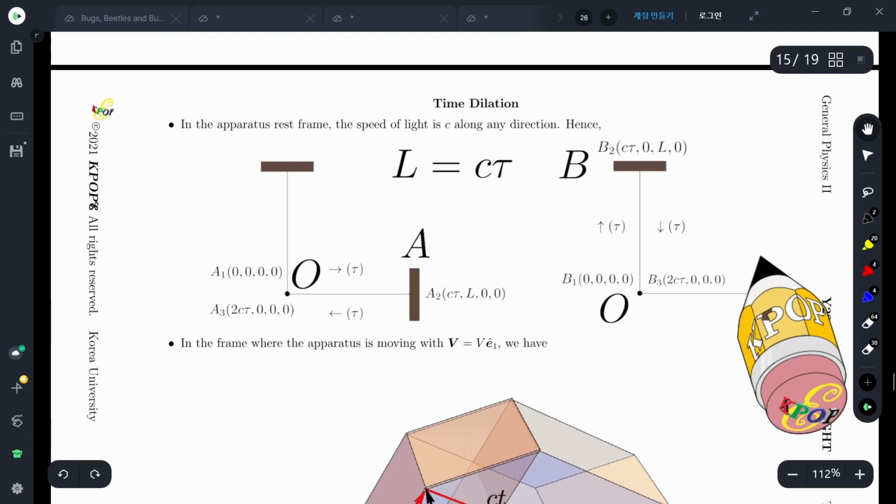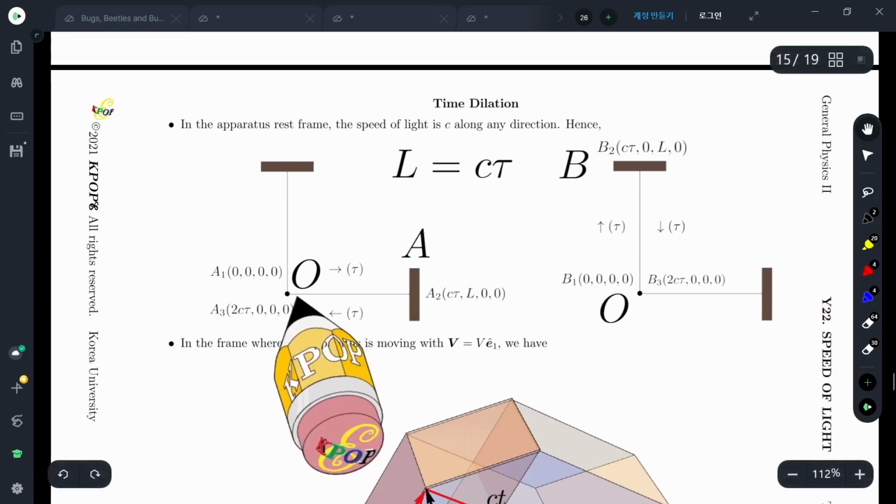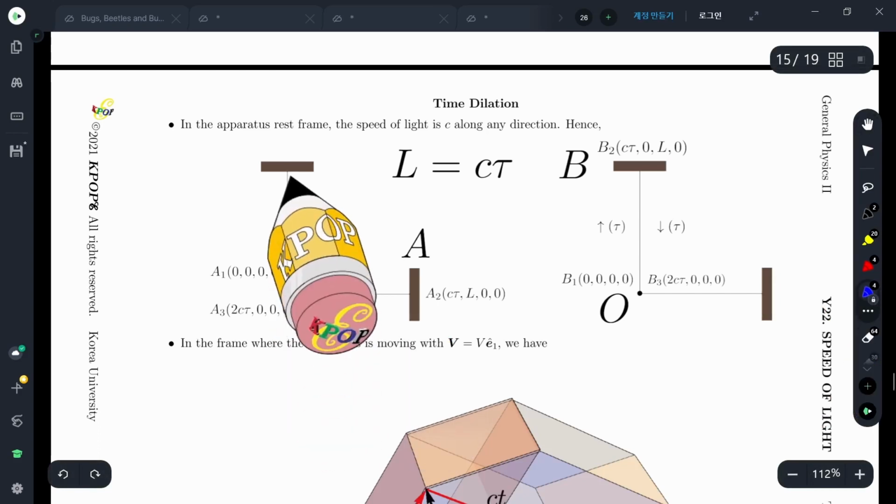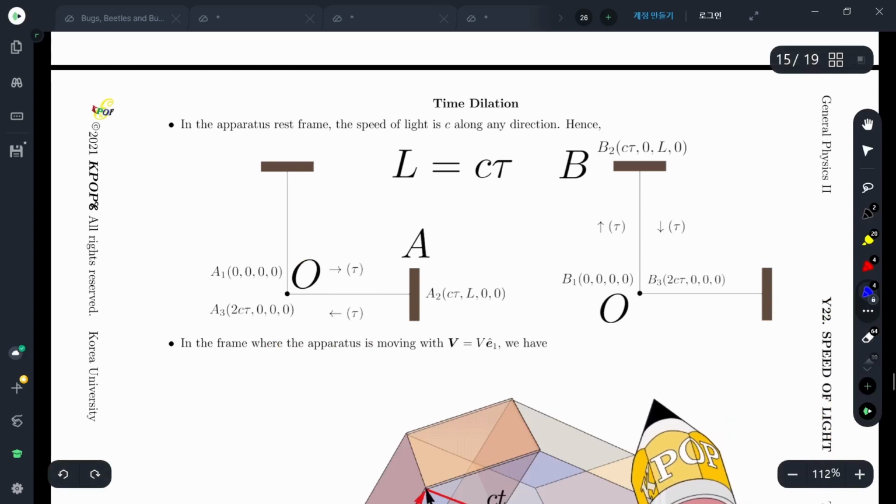Now we have reached the final stage to verify the time dilation, to verify the fact that time dilation resolved the problem of the final result of Michelson and Morley. In fact, of the light waves, one is traveling along the horizontal direction, and the other along the transverse direction.